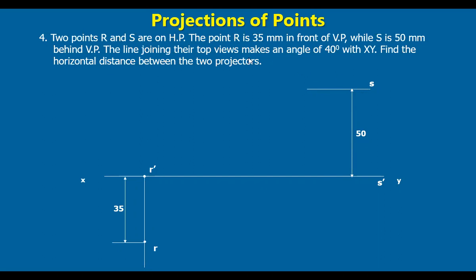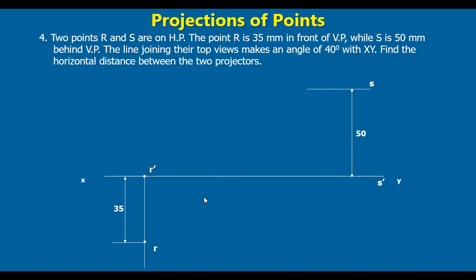Let us find it. The next data is the line joining their top views, the R, S top views. R we know is fixed, and S we know is somewhere on this line, but the exact point is not known. But the top views of RS are joined, and it is making a 40 degrees angle with the XY line, the reference line.